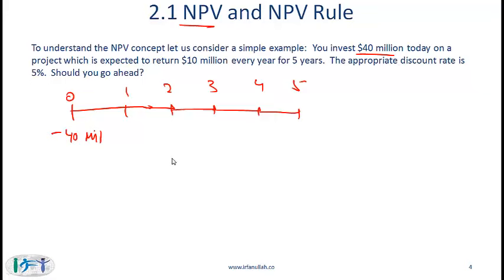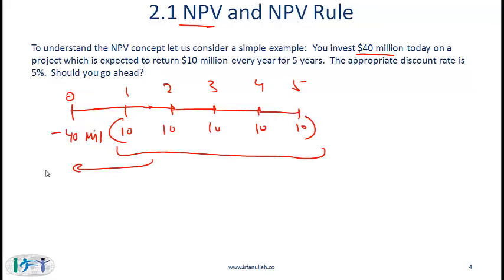So I assume you have been through the earlier lectures and you know that an annuity of 10 million every year for 5 years will have a present value at time zero of 43 million.